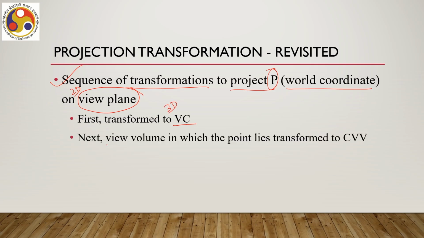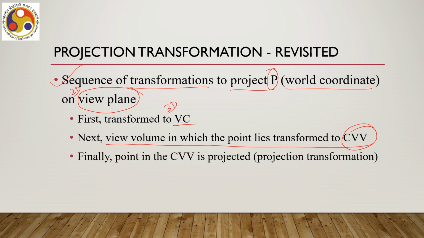Then the view volume in which the point lies is transformed to a canonical view volume, which is typically the case before we perform the clipping operation. And finally, the point in the canonical view volume is projected on the view plane through the projection transformation.